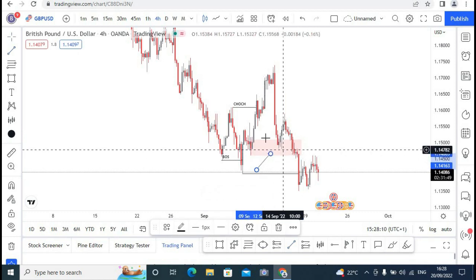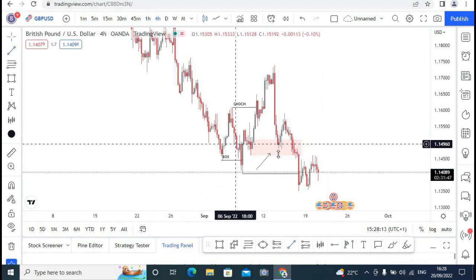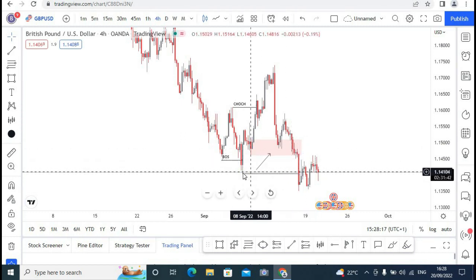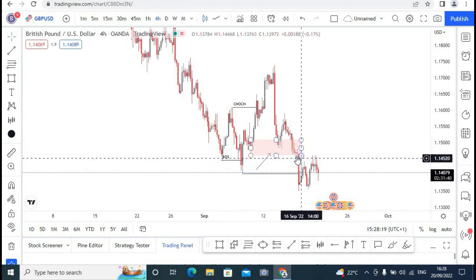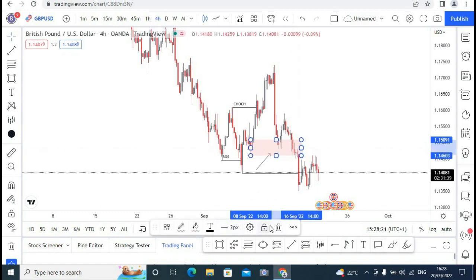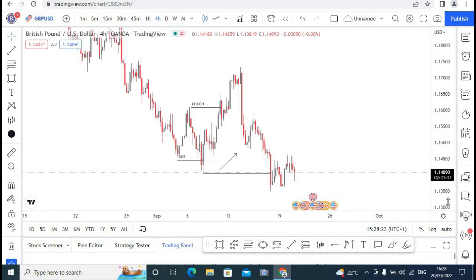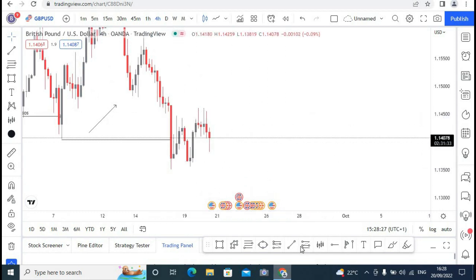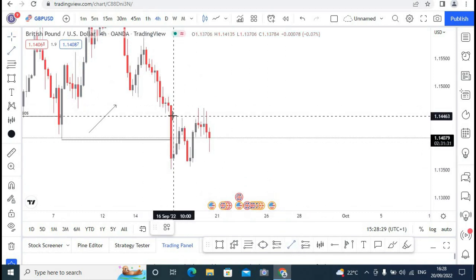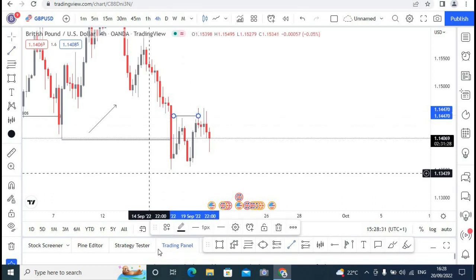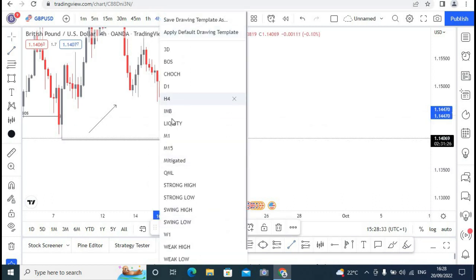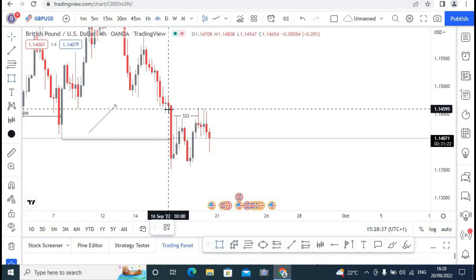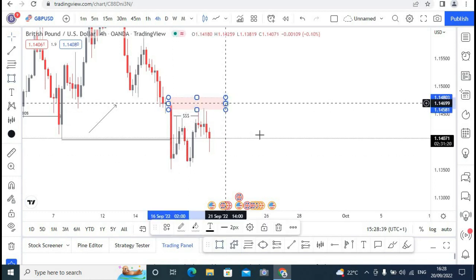You can see price failed to hold the orders, meaning now we did have a drop, base, drop, meaning the price took out the structure. So this was the last opposite candlestick right there. And now you can see that we also did have that inducement level. So this was our inducement right here, guys, as you can see, meaning this is a liquidity, and this now became our supply.